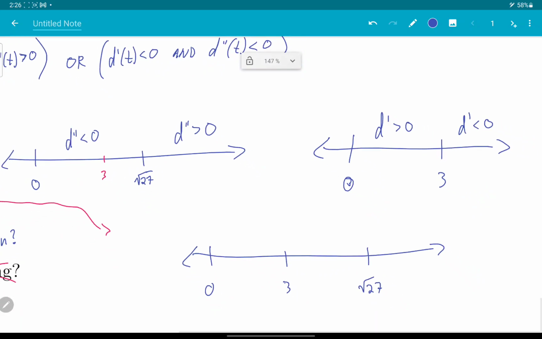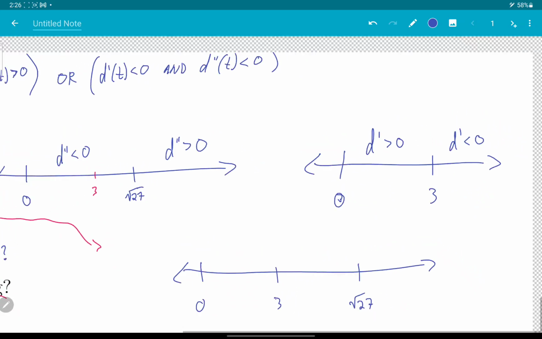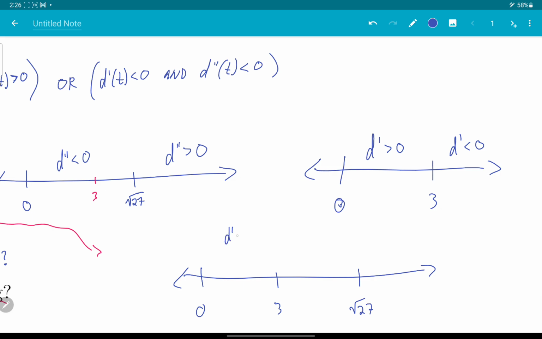So looking at these two number lines, I can see that from 0 to 3 I have d prime bigger than 0, d double prime less than 0. And then from 3 to root 27, I have d prime less than 0, and d double prime bigger than 0.